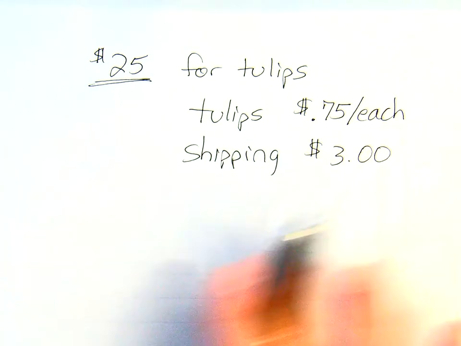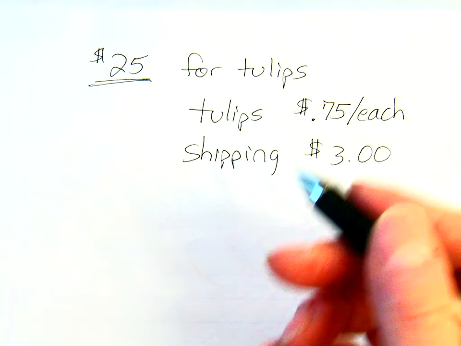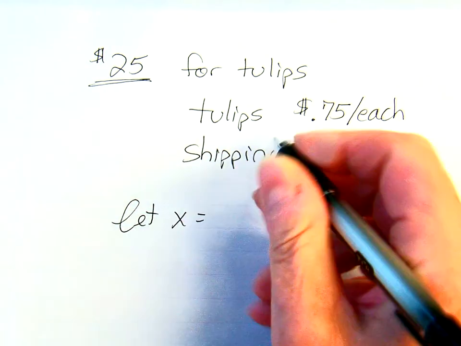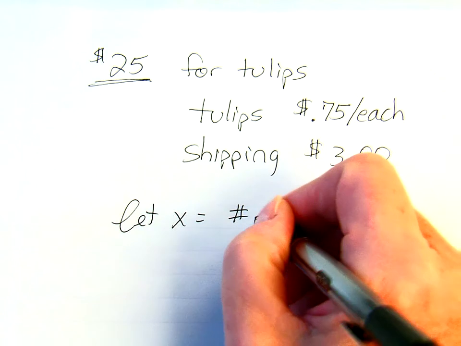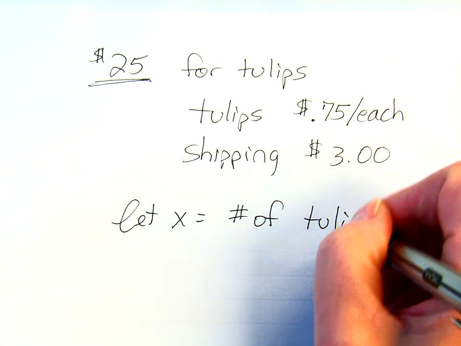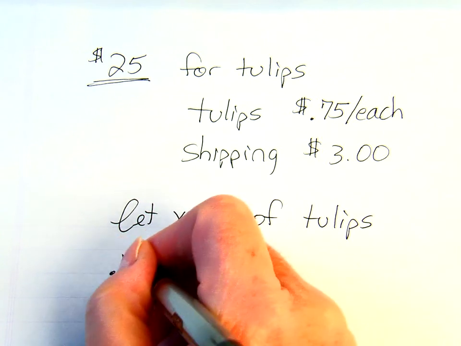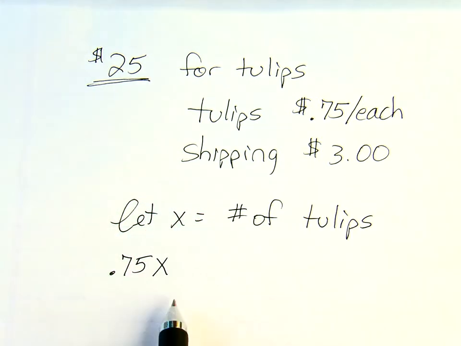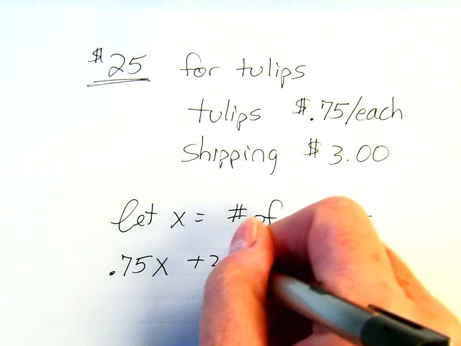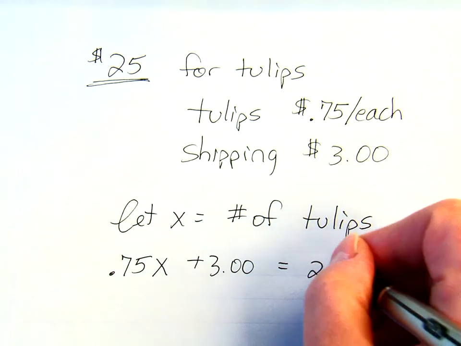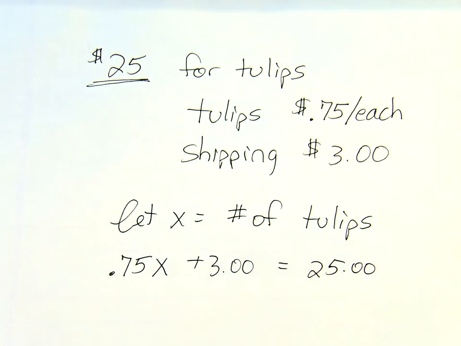So when I look at a problem like this, I'm going to say, well, I know that if I let X equal the number of tulips, then I can say 0.75 times X plus $3 equals my $25. Okay? So I've taken those words and now I've put them into a function.